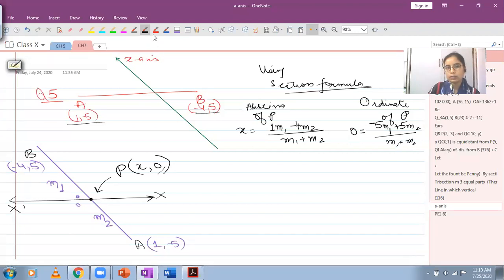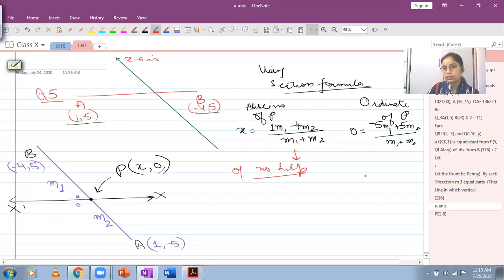Over here, this one is not useful. This is of no help. So this is what I'm going to work with. From here, you can find out the ratio of m1 and m2. Is it clear what I'm talking about here?